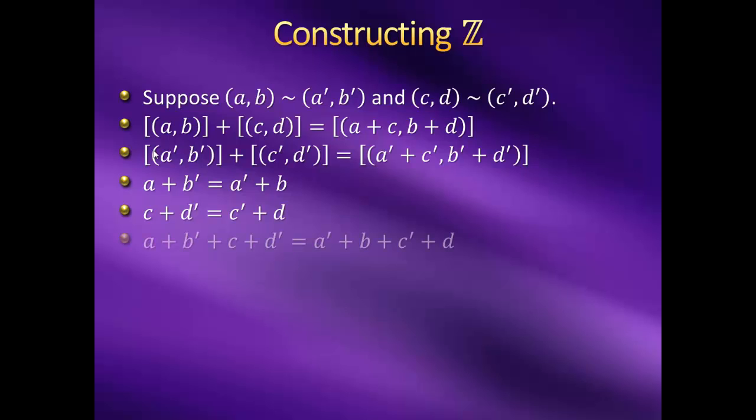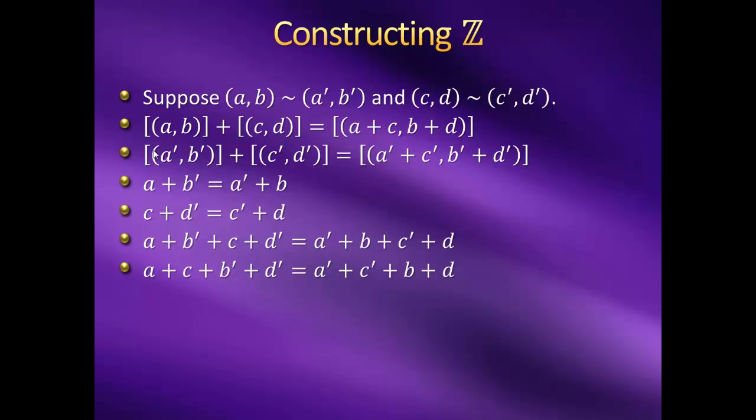Now, adding our two equations together, we find that a plus b' plus c plus d' equals a' plus b plus c' plus d. Since addition of the natural numbers is commutative, we can switch the terms around in the middle and find that a plus c plus b' plus d' equals a' plus c' plus b plus d.